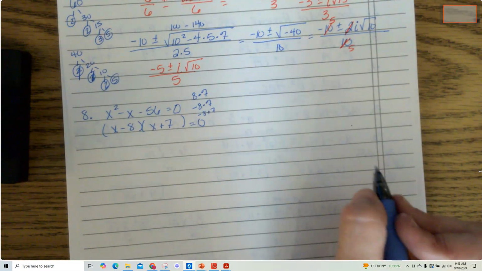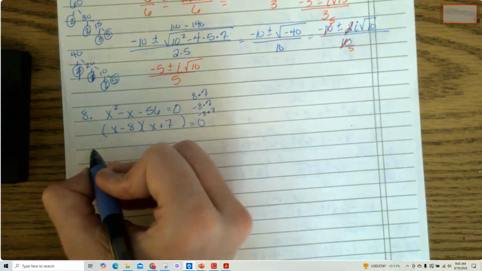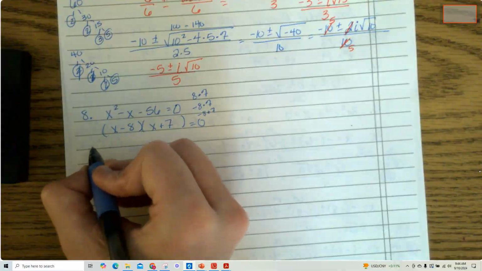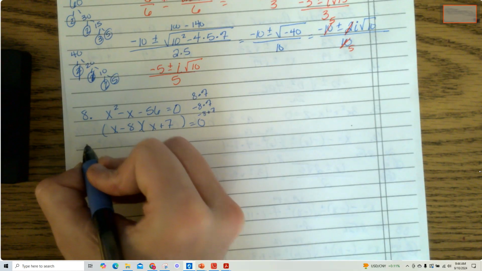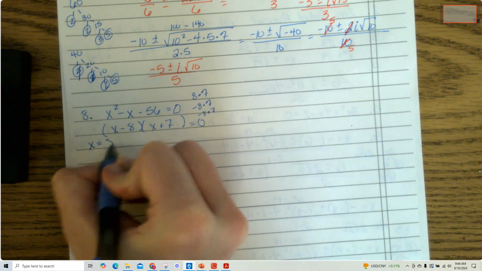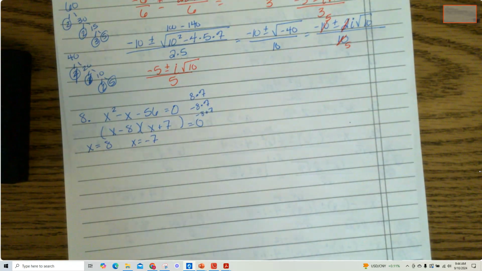What's the next thing that it asks for? The solution. So x equals 8 and x equals negative 7? Is that what it's wanting, Joseph? Yeah, I think so.